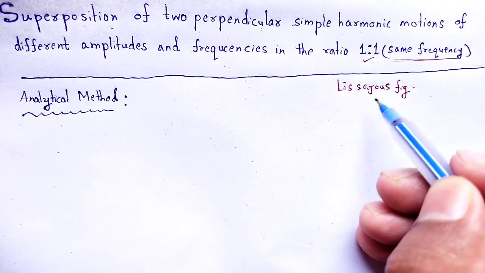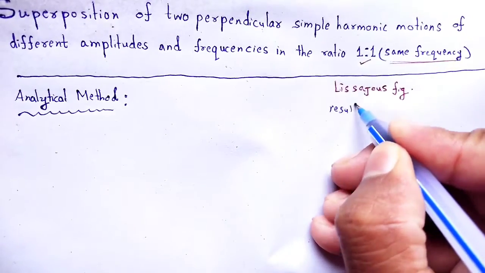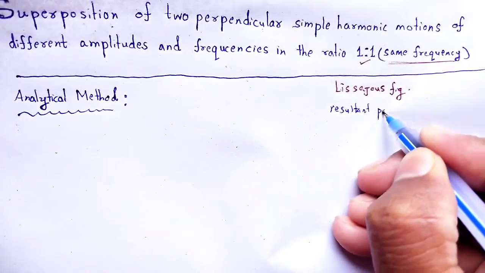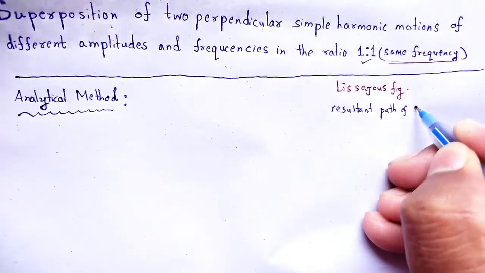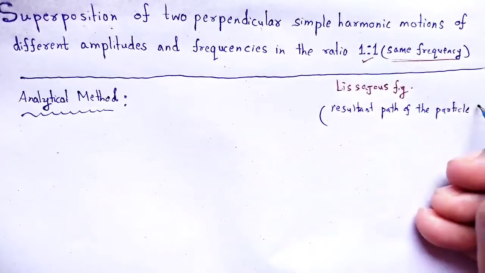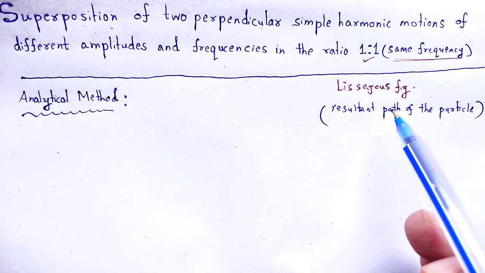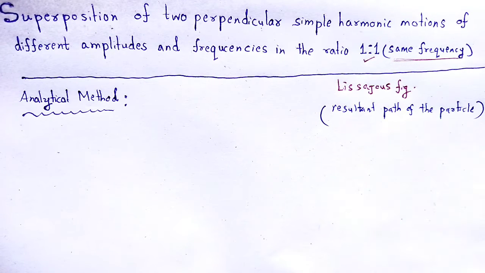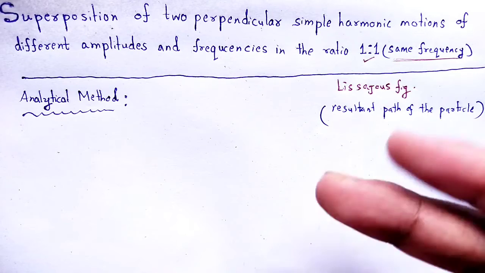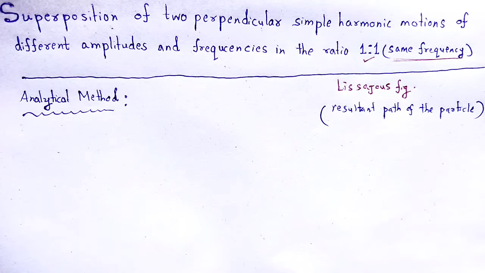That Lissajous figure is the resultant path of the particle, and it may be a circle, ellipse or straight line, depending upon the amplitudes and phase difference of these two simple harmonic motions.